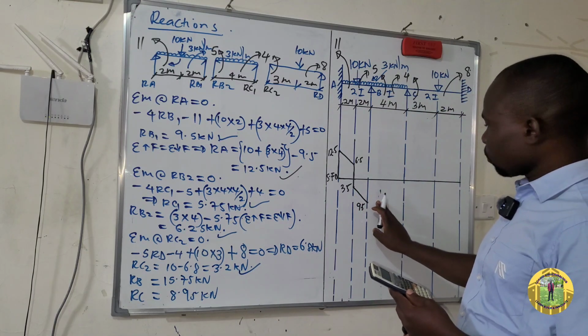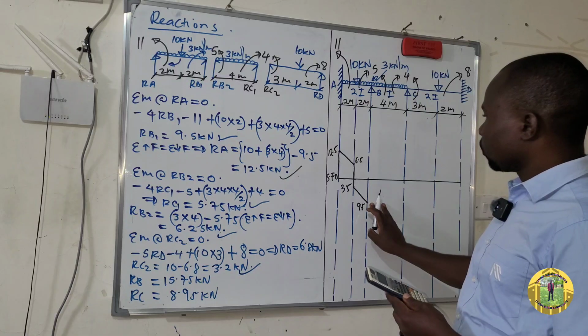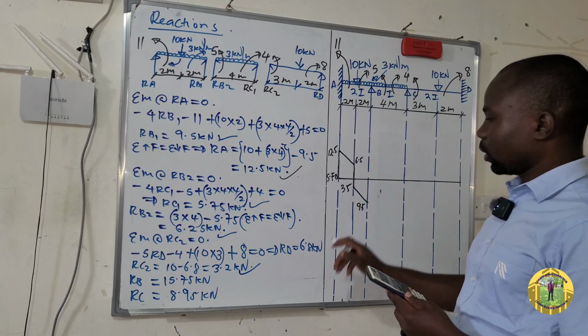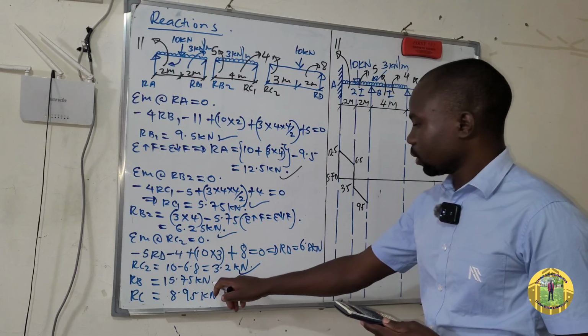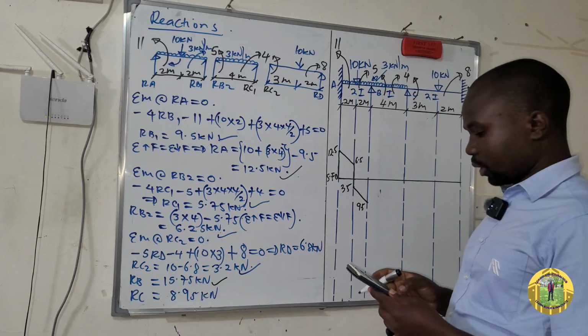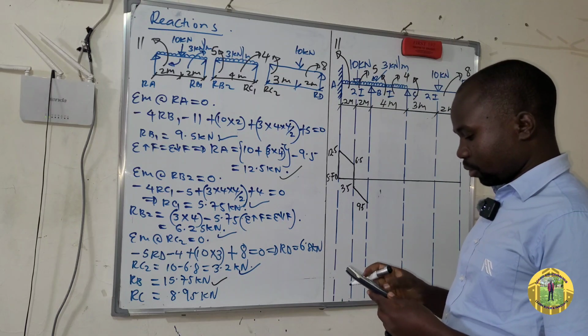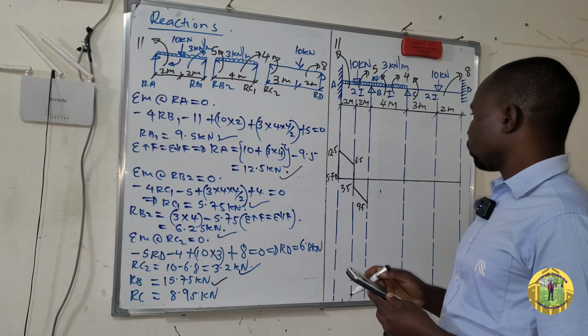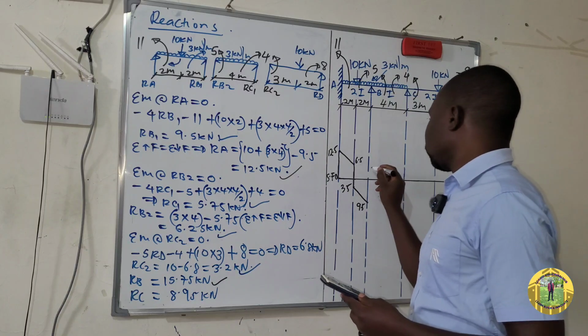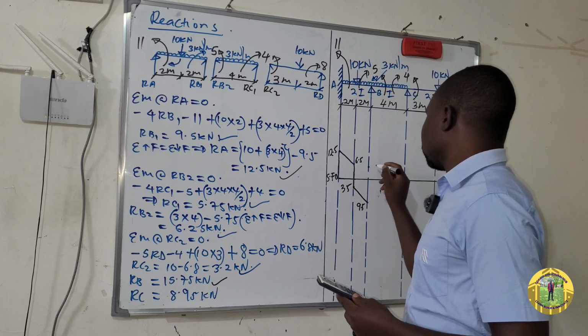So take negative 9.5, add RB. RB is here, plus 15.75. You'll get 6.25. So 6.25 here.